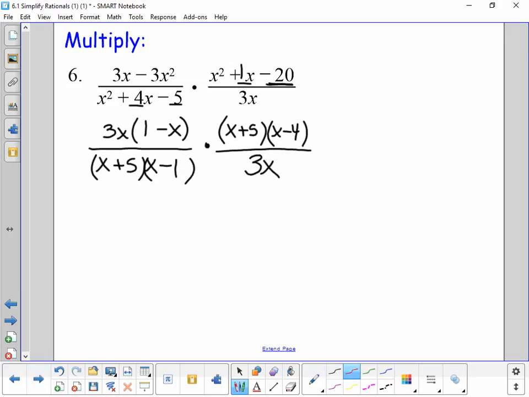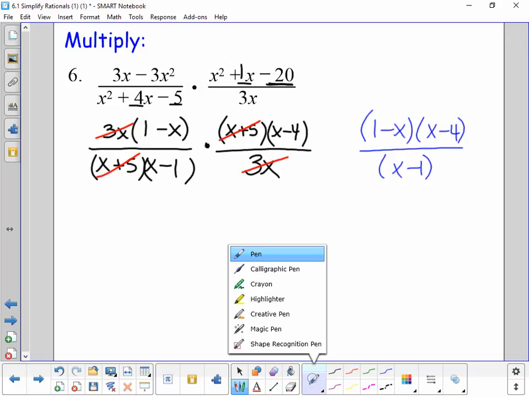So if I look for things that reduce, you can see that the 3x reduces, and the x plus 5 reduces. And then I have these three other factors. I have a 1 minus x, I have an x minus 4, and I have an x minus 1.